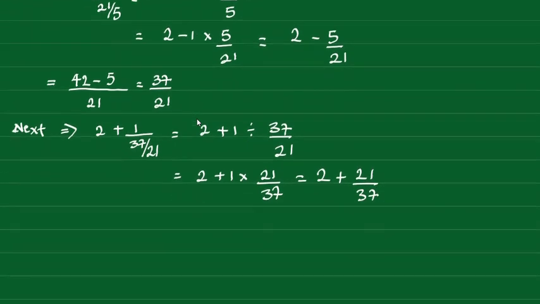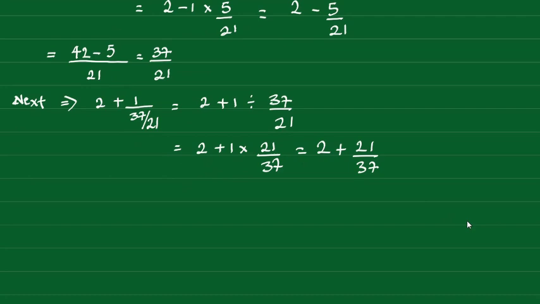All right, continue with our solving by making 37 our LCM. Make 37 our LCM. All right, now 1 into 37, we have 37. 37 times 2 gives us 74. 74 plus 37 to 37, we have 1. 1 times 21, we have 21.